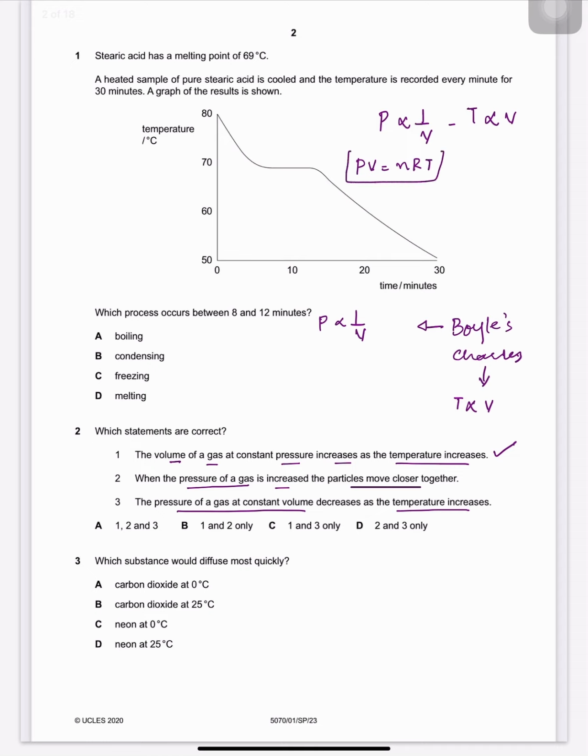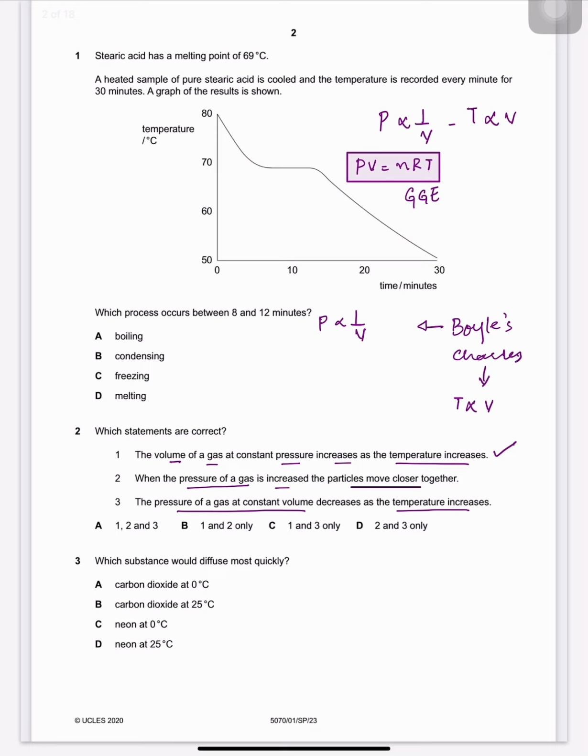Guys, this is an equation called the general gas equation. I am really very sorry, I must say this: it is the equation which we will teach you in AS chemistry. But right now I'm just saying PV equals nRT is telling you about the pressure of a gas at a constant volume decreasing as the temperature increases.